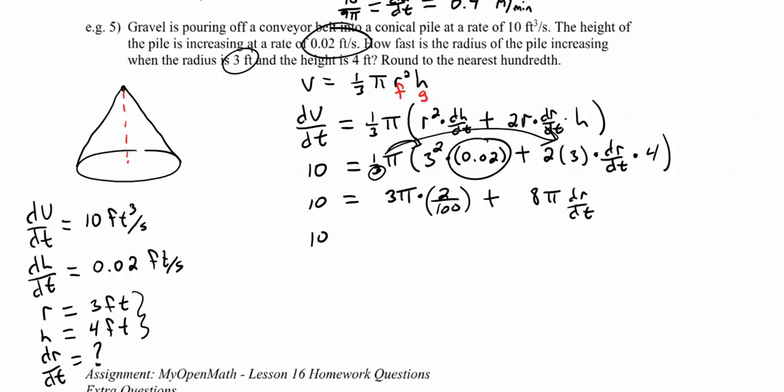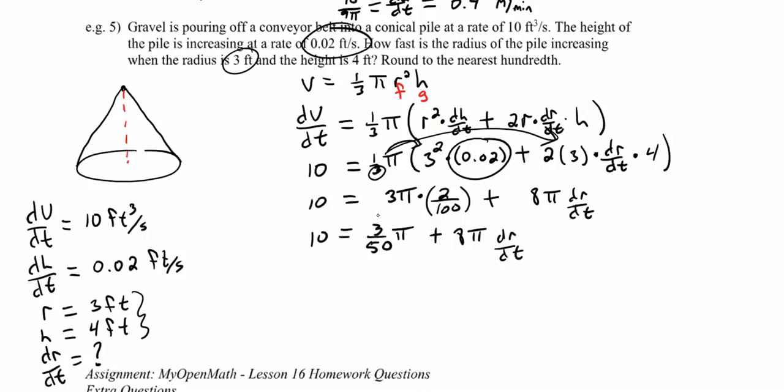Now for the next row, I'll simplify this. That would be 3 over 50 pi plus 8 pi times dr/dt.